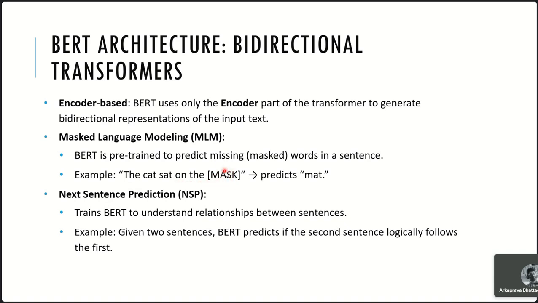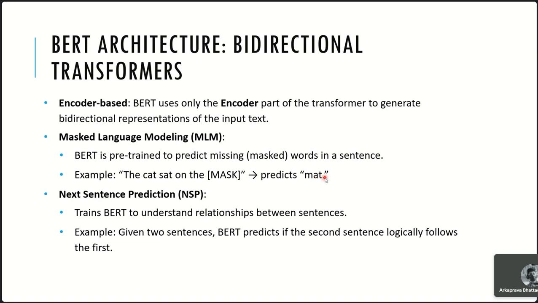The dash is masked, and your BERT needs to predict the correct word under the mask. The correct word means the word which has the highest probability for this masked word.